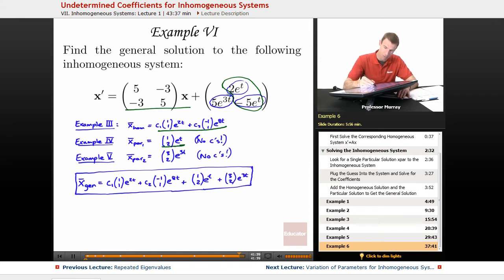And then finally in example 5, we looked at e to the 3t, and again using undetermined coefficients, we found a particular solution that would produce that part of the inhomogeneous terms. And remember, we don't multiply either one of those by C1 or C2. We do have a C1 and C2 in the homogeneous solution.